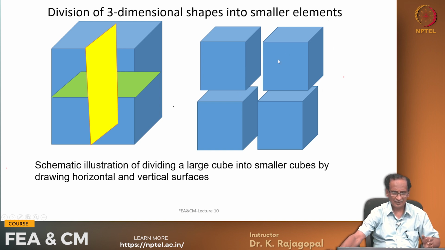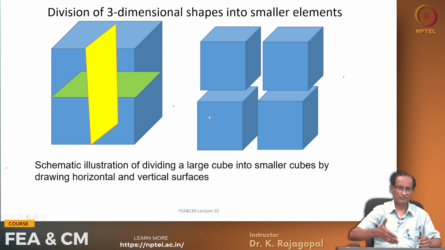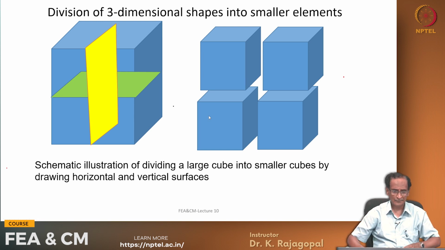And so then if you want, you can draw more surfaces and divide this continuum into smaller elements. Then once we get these elements, we can identify the nodes as the points at the intersection of all these lines or surfaces.